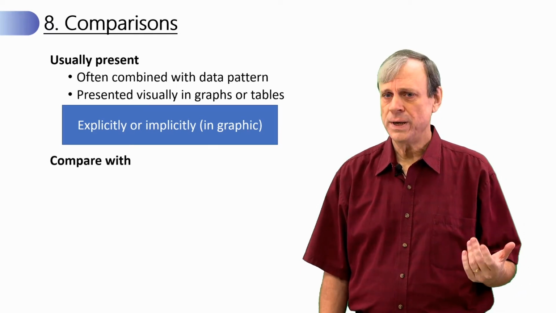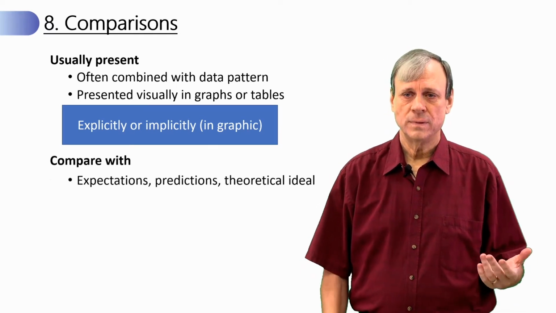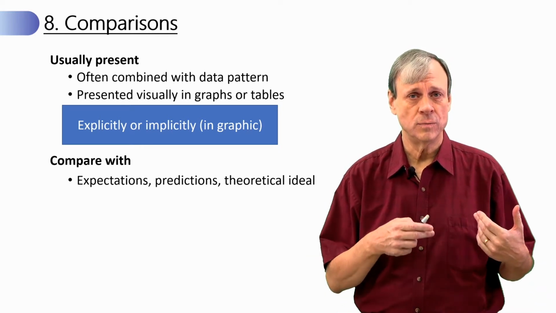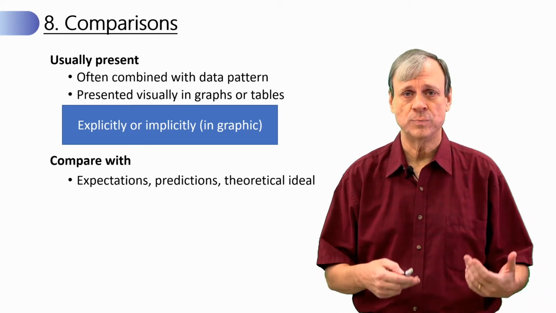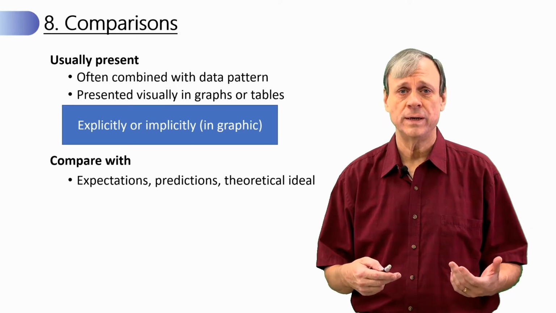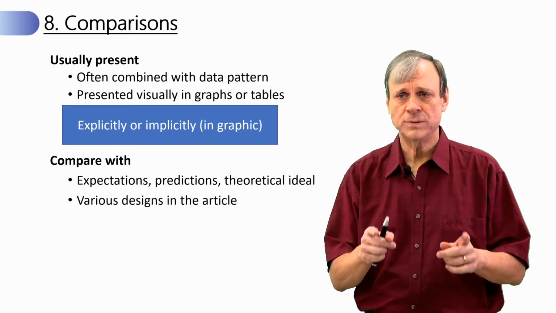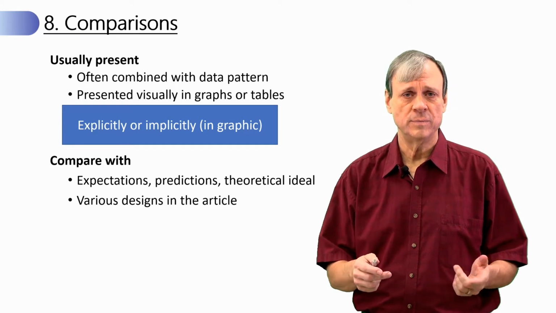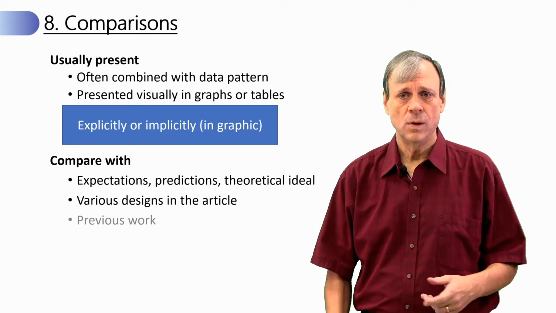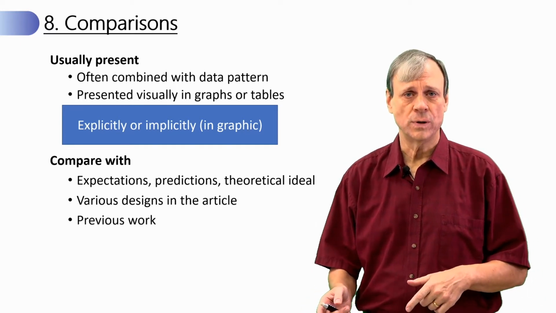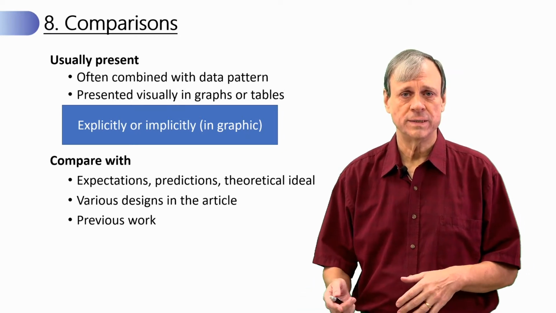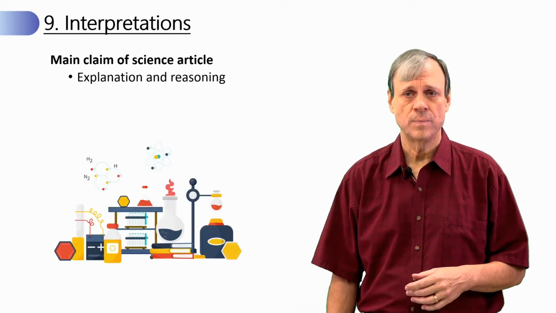So what do you compare with? Well, sometimes there's a comparison with the expectations or the predicted results or some theoretical ideal. On the other hand, you may compare two different designs that have been mentioned in the same article, or you may compare with previous work, in which case it would require citations of that previous work.